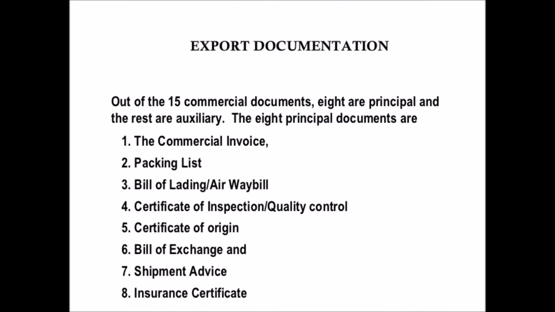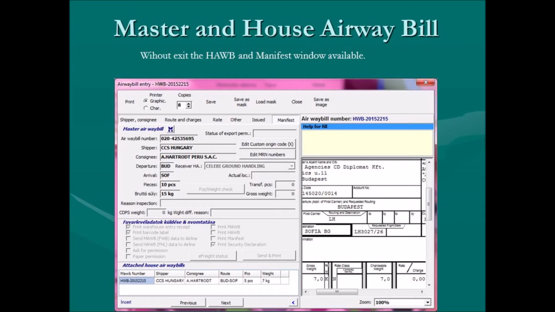What are the shipping documents? For each export shipment, we need the following documents: invoice or commercial invoice, packing list, certificate of analysis for each batch, airway bill, which we call AWB, for air shipments, and bill of lading, which we call BL, for sea shipments. Regarding airway bill, we have two airway bills, house airway bill and master airway bill.